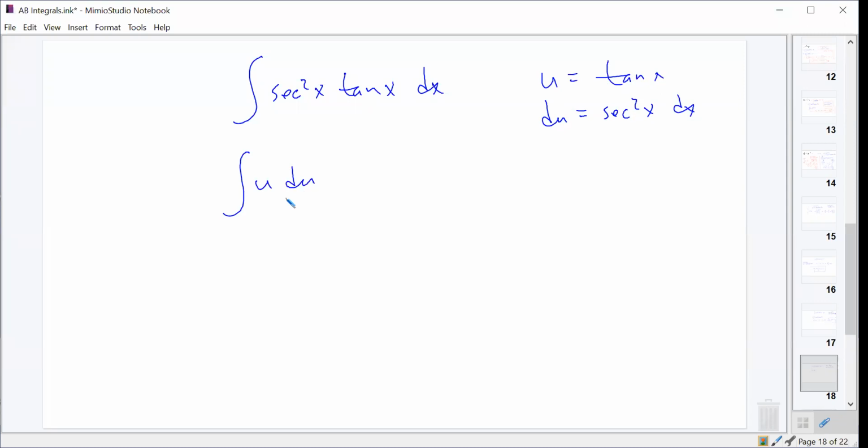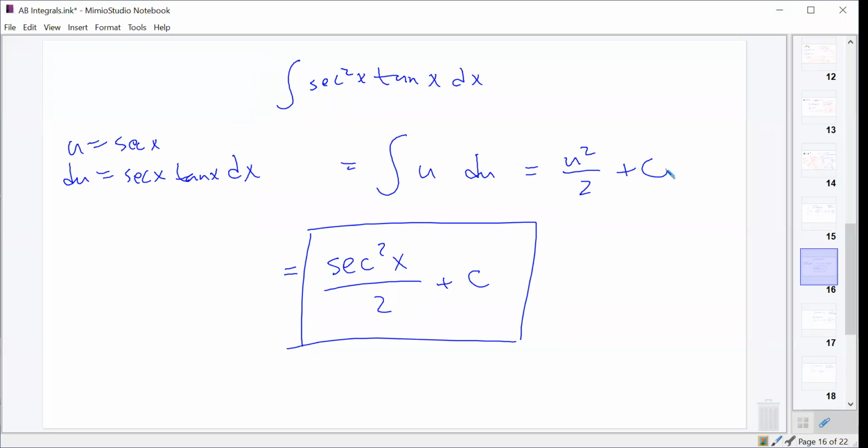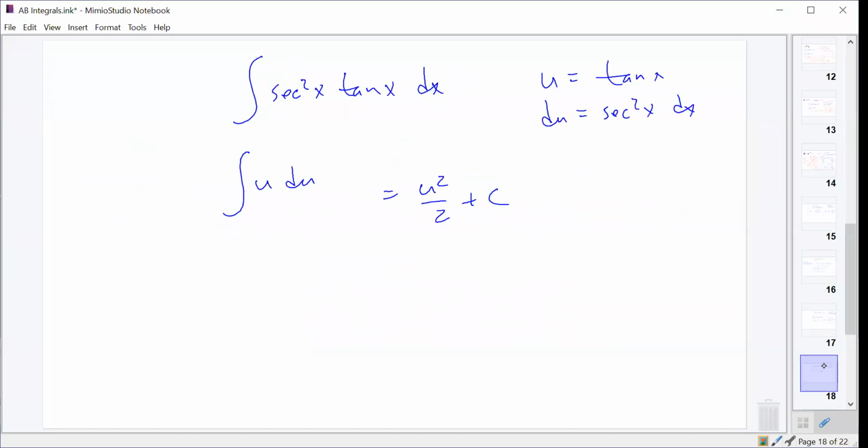Everybody agree there? Okay. Which gives us u squared over 2 plus a constant, just like we had when we did this one, right? U squared over 2 plus a constant. But now our u value is not secant, our u value is tangent. So this gives us tangent squared x over 2 plus a constant.